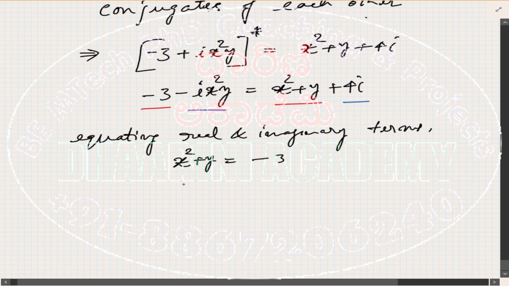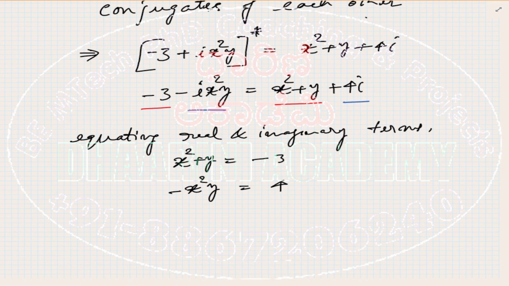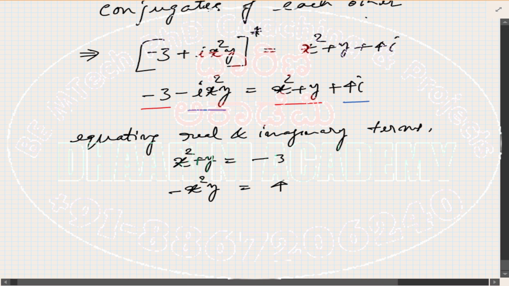So on one side, I have minus x squared y. This should be equal to, on the right hand side, I have 4. On one side you have -3 and on the other side you have 4. All right, so we are equating these terms now.